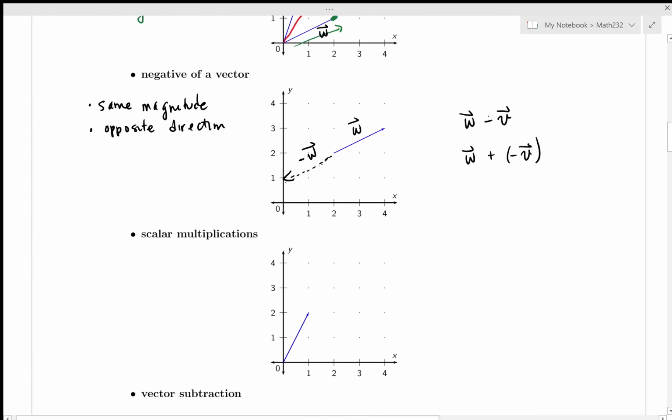First, before I do that, I'm going to do what is called scalar multiplication. We're going to be very careful. We're going to see vector multiplication coming soon, and that's quite different.